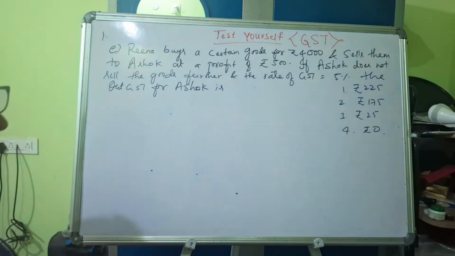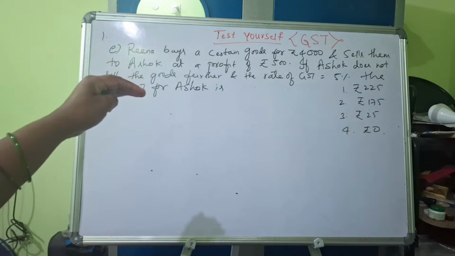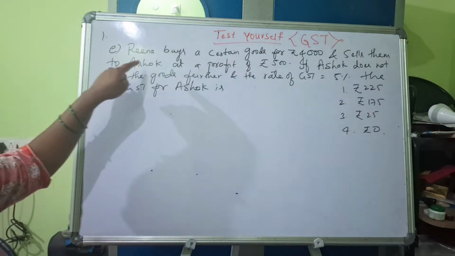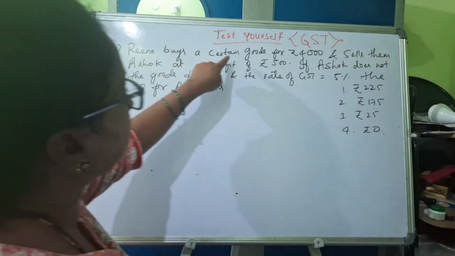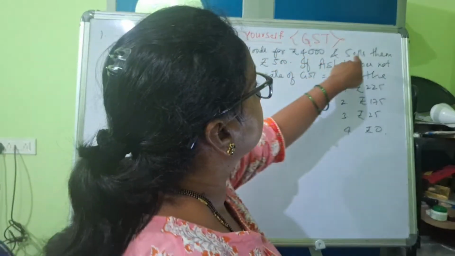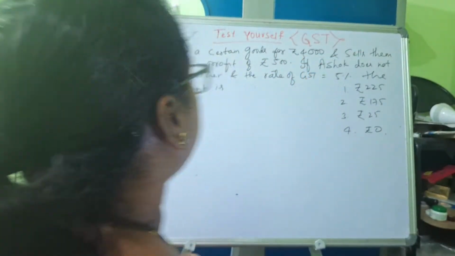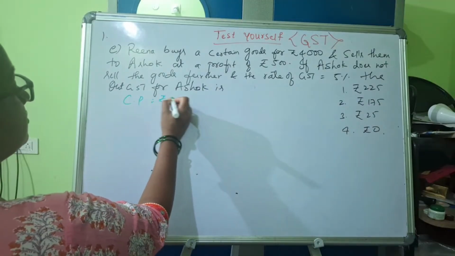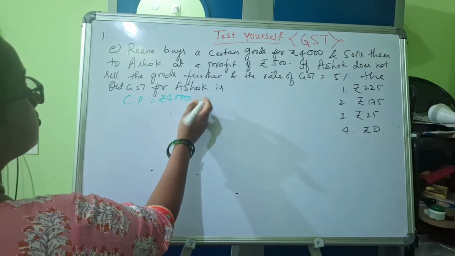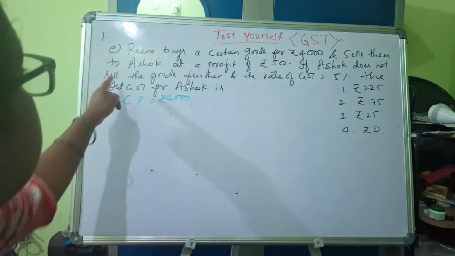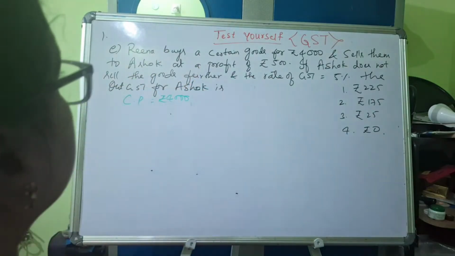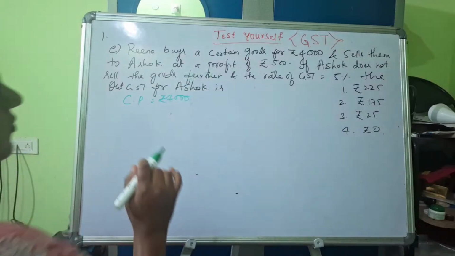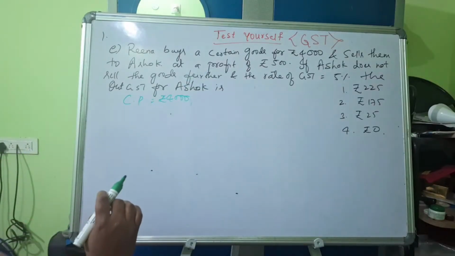See, read the question carefully. Reena buys certain goods for rupees 4,000. That means the cost price for Reena is rupees 4,000 and she sells them to Ashok at a profit of rupees 500.